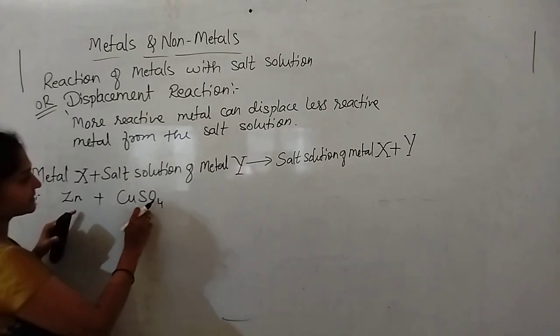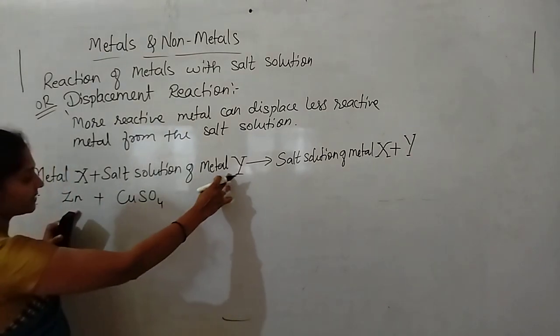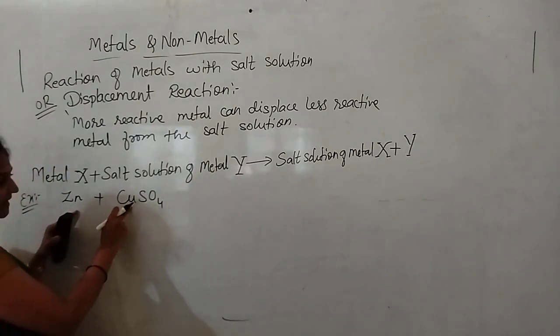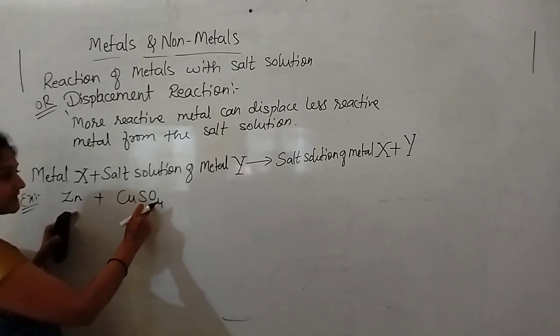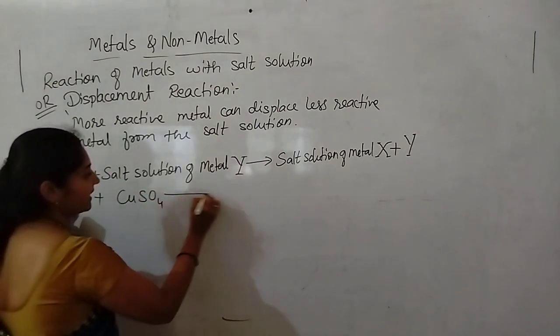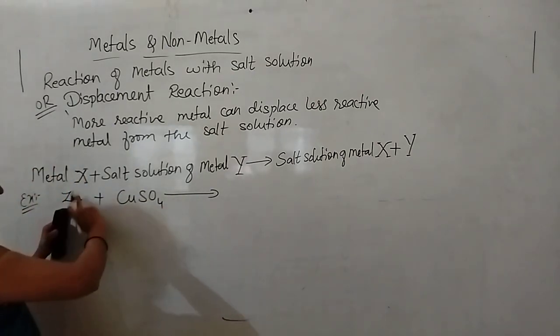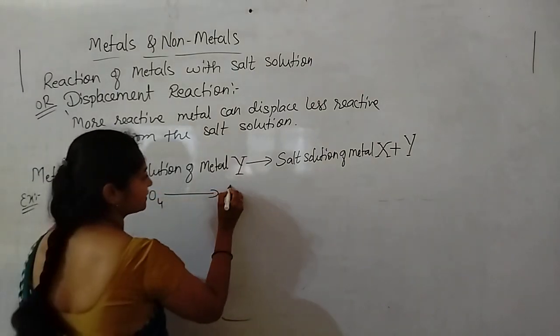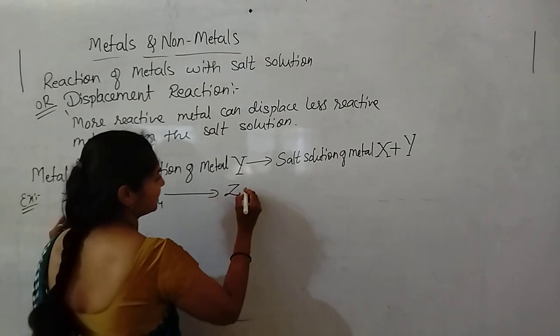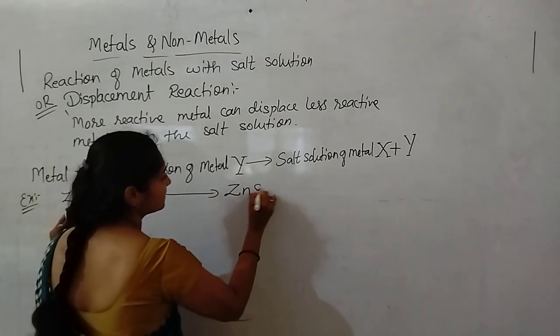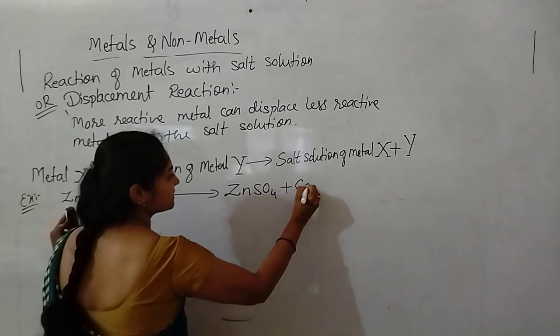So when zinc reacts with copper sulfate, copper is a metal and sulfate is the salt solution. Zinc reacts with the sulfate, therefore copper is replaced by zinc: ZnSO4 plus copper.